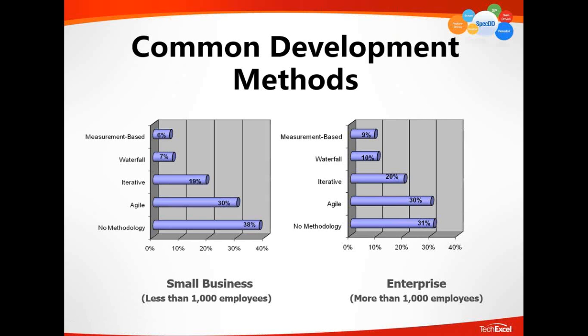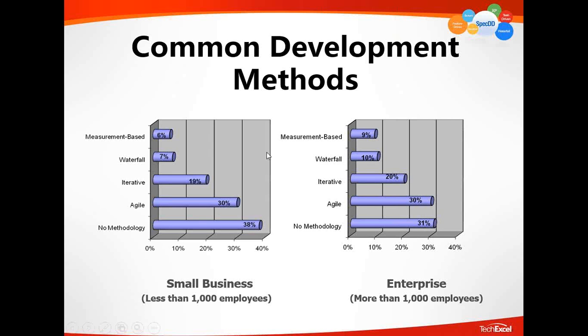Measurement-based also includes CMMI, this kind of method. And for enterprise, bigger company development teams, the numbers are similar: 30% use Agile, iterative 20%. So you would conclude, as of today, the leading method is Agile.